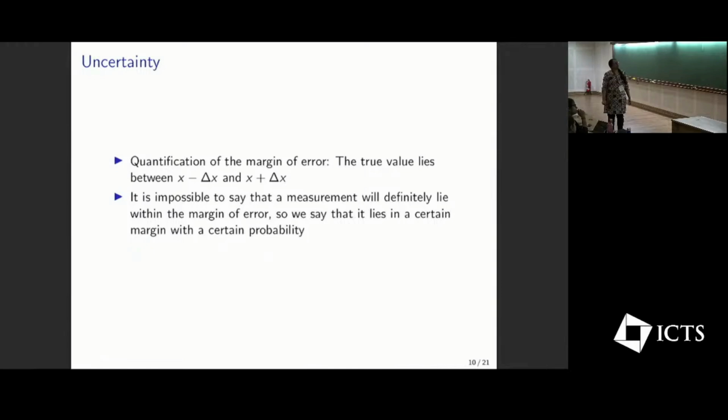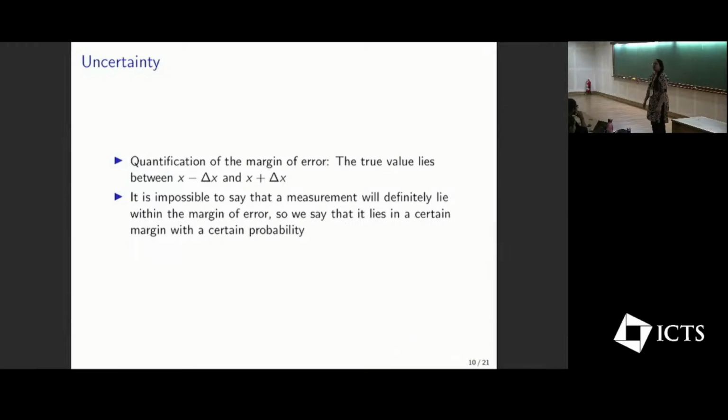However, we don't know for sure that every measurement we make is going to lie only in that interval. You would have to make a lot of measurements to find that all measurements lie there. So we take a more relaxed position, and we quantify the probability with which a measurement should lie within x plus delta x and x minus delta x.